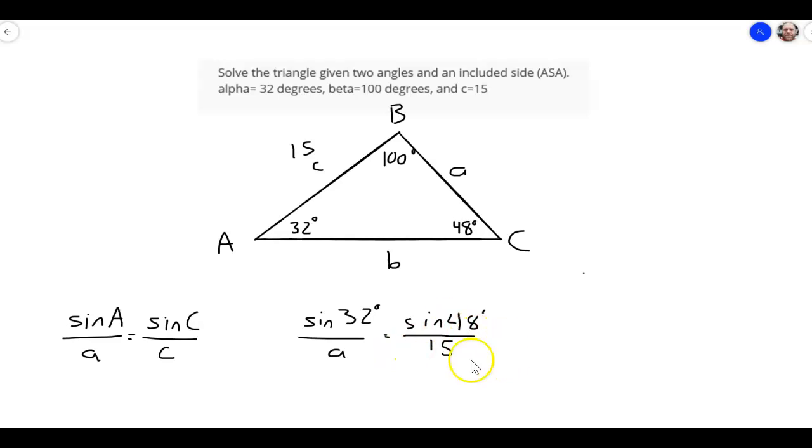All right, so if we cross multiply and then divide, we're going to get a is equal to 15 times the sine of 32 degrees all over the sine of 48 degrees.